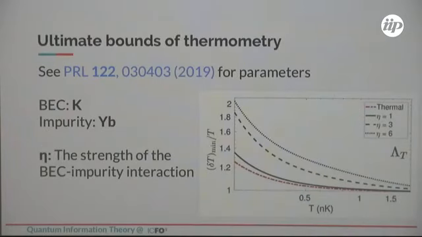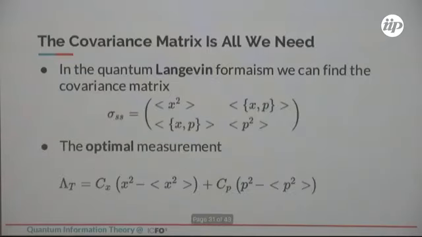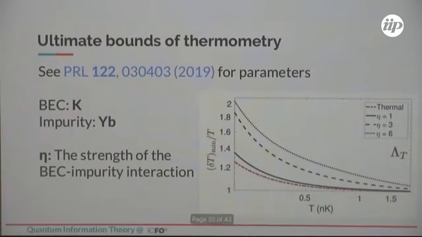Just to have a flavor, we look at a specific example. This study is not limited to this, but we should do some numerics. We look at a BEC of potassium atoms and an impurity of a ytterbium atom. We look at the minimum error, which is measured by these symmetric logarithmic derivatives, this observable which appears here, for different coupling strengths.